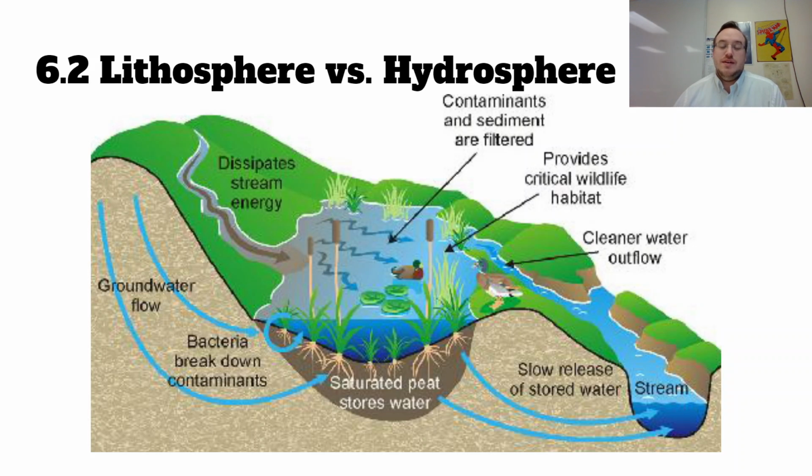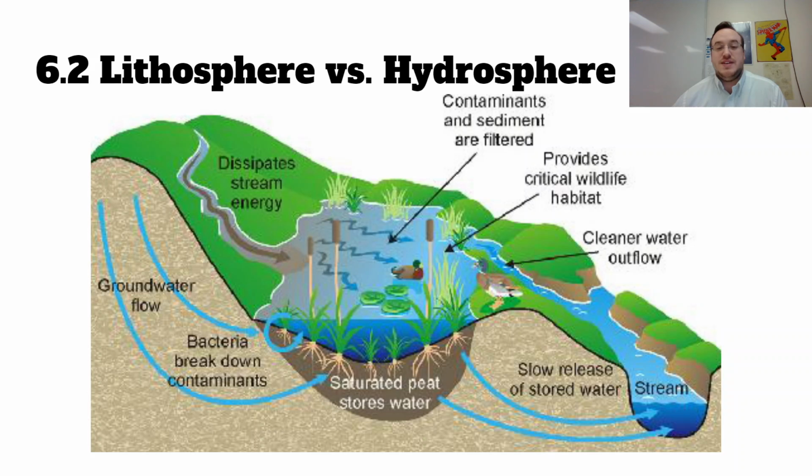So it absorbs all the kinetic energy, that energy of movement of water entering this area, and dissipates it over a larger surface and slows down the stream before it moves out into a larger stream or a river, which prevents erosion on the banks of that other stream.